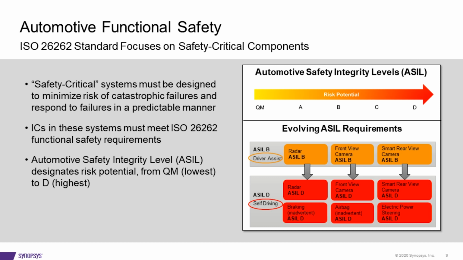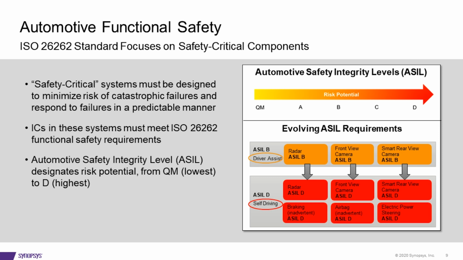So looking at overall functional safety and how that applies to a system like that, you basically have different levels. They're called automotive safety integrity levels. And those levels can go from consumer-based or QM, where it's effectively the minimum amount of safety required to be built into the systems and ultimately the chips that build those systems, all the way up to ASIL D, which is basically the most safety critical.